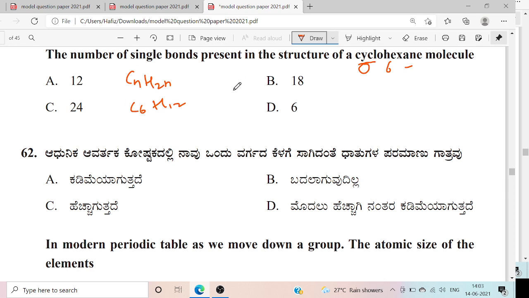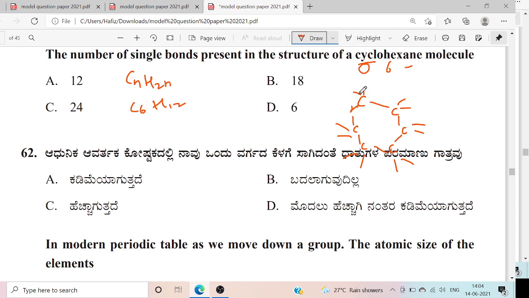Now let me draw the structure of that. A cyclohexane means a closed structure consisting of 6 carbon atoms. This will be the structure of it. Yes, a hexagonal shape it will have. And since it is a single bond, each carbon has 2 hydrogen atoms attached to it. Now you just find out the number of lines, the bonds.